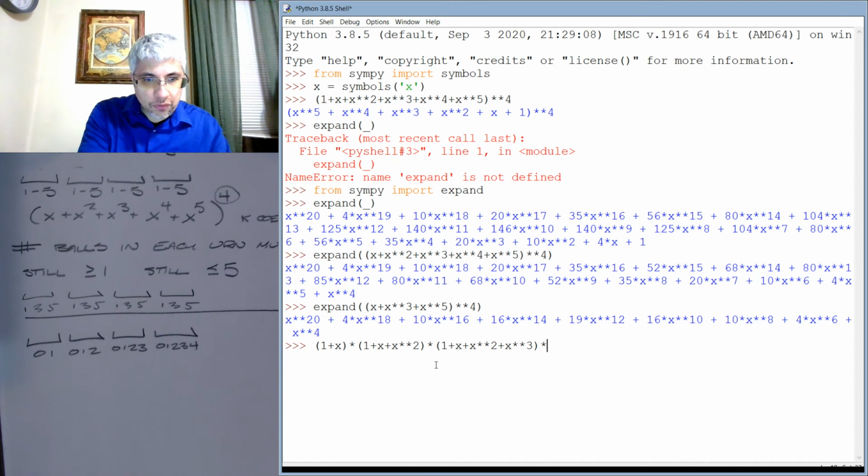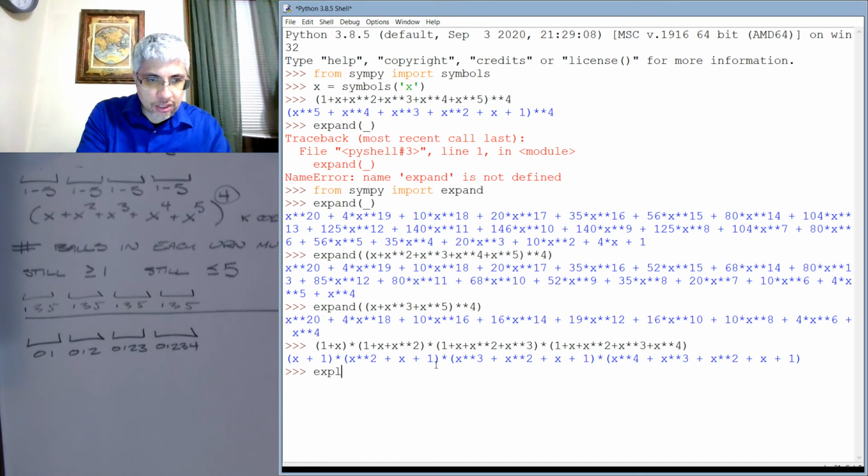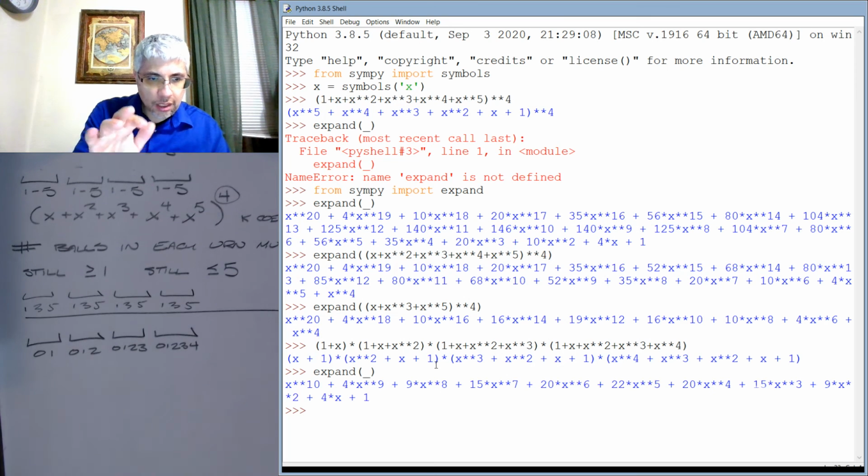And then for the last one, 1 plus x squared plus x cubed plus x to the 4th. And I get that, and then I'll just expand my answer, and boom, I get my answer here.